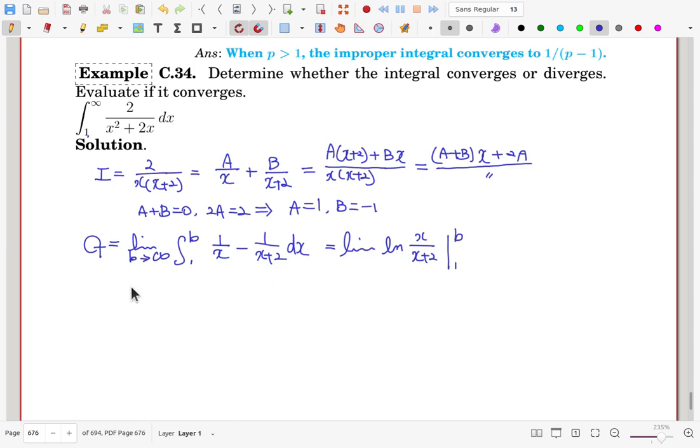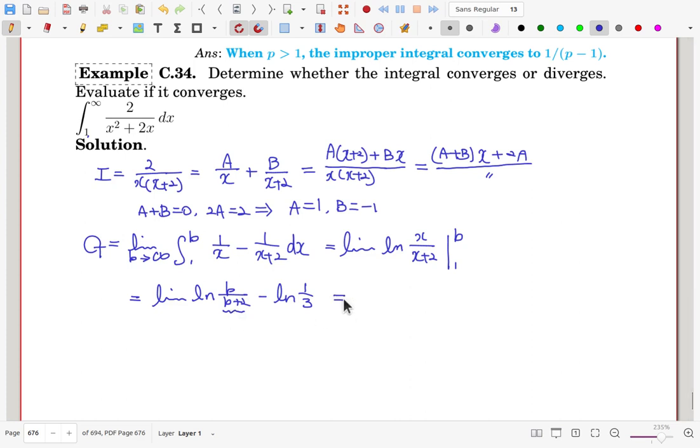So here that is the same limit, and then logarithm of b over b plus 2, minus logarithm of 1 over 3. Now, as b approaches infinity, this quotient approaches 1, so the value becomes 0.